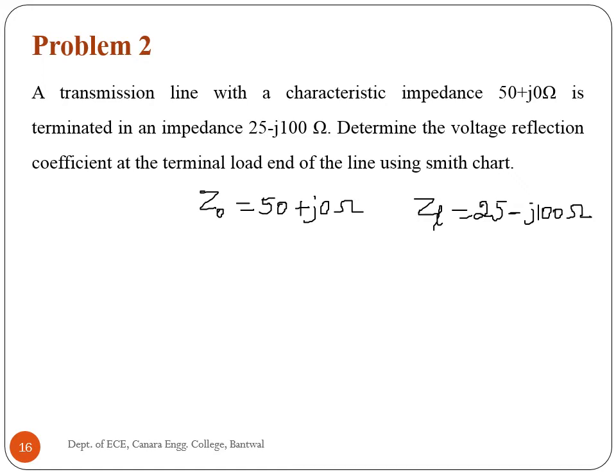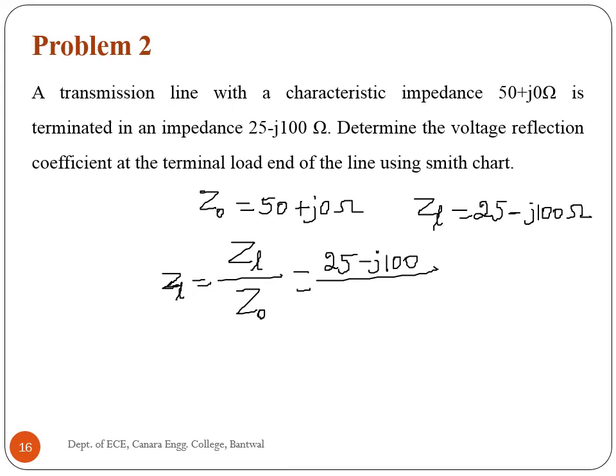We have to normalize the load impedance. Therefore, divide the given ZL value by characteristic impedance, which is 25 minus J100 ohm divided by 50 ohm, which is equal to normalized load impedance 0.5 minus J2, which is in the form R minus Jx.